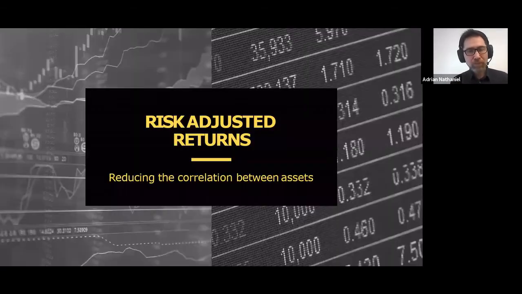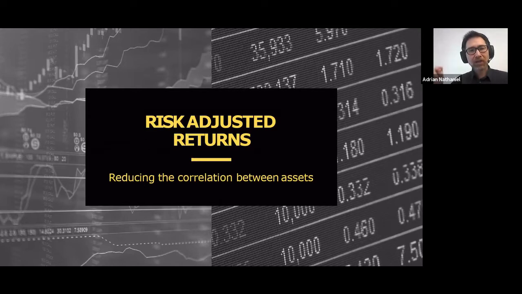Now, one of the other things that I'm going to talk about as well is being able to reduce the correlation between the different asset classes, and that's what a risk-adjusted return is. So if you're investing in the share market, like just doing share trading, you're investing in a publicly listed company, or a bunch of publicly listed companies if you're in an ETF.